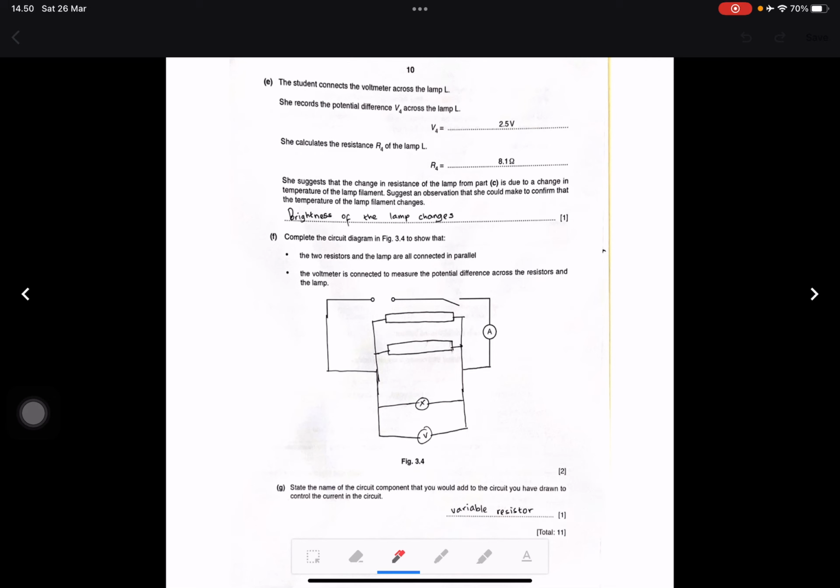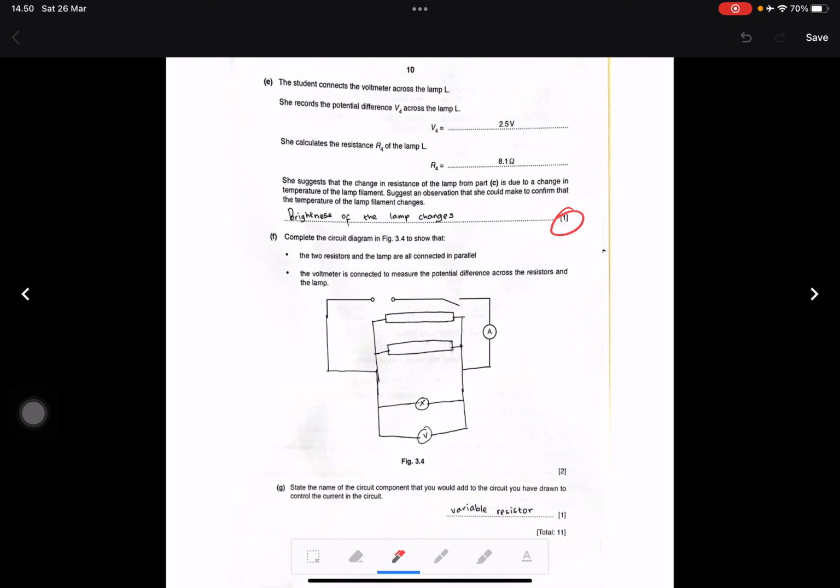She suggests that the change in resistance of the lamp from part C is due to a change in the temperature of the lamp filament. Suggest an observation that she could make to confirm that the temperature of the lamp filament changes. What is this? It is about brightness, is that correct? Yes, brightness or intensity of the lamp changes here. Correct.